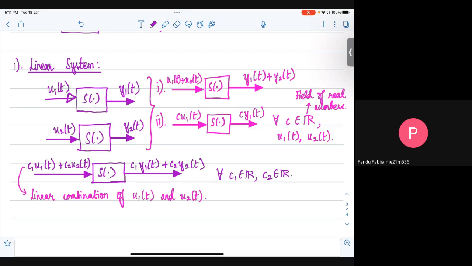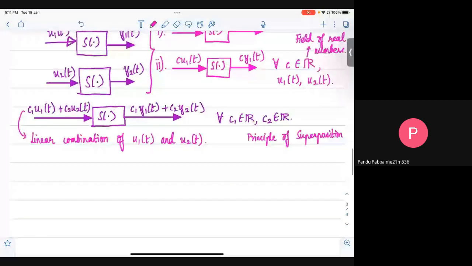So we can write these two conditions as a single condition. This is the definition of a linear system. Some people will call this the principle of superposition. So if you have heard this term, we are essentially talking about this definition of linearity. I hope this definition of linearity is clear.